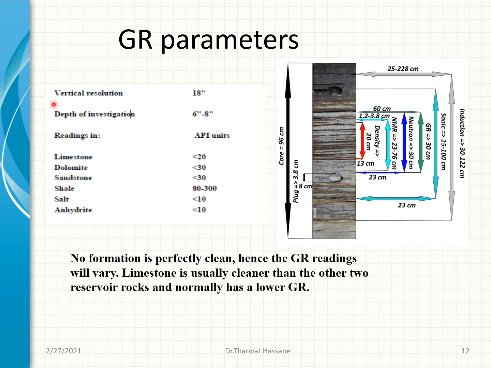From experience, it's different: in Kuwait it has different values, in Malaysia different values, in Aramco different values, and in Abu Dhabi. I have worked in all these countries, and the gamma ray value depends on the country, the type of shale, and the operating environment of each country.